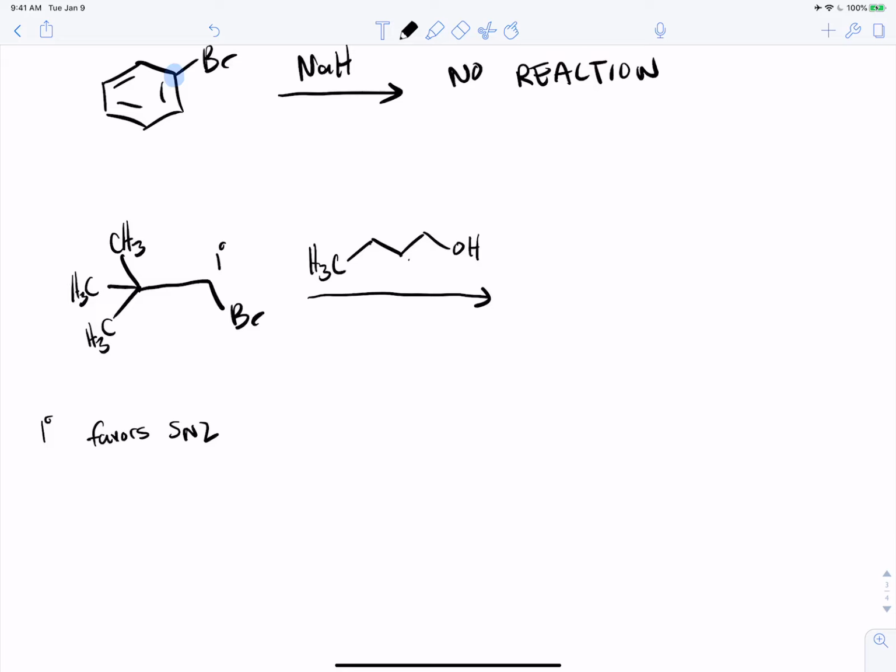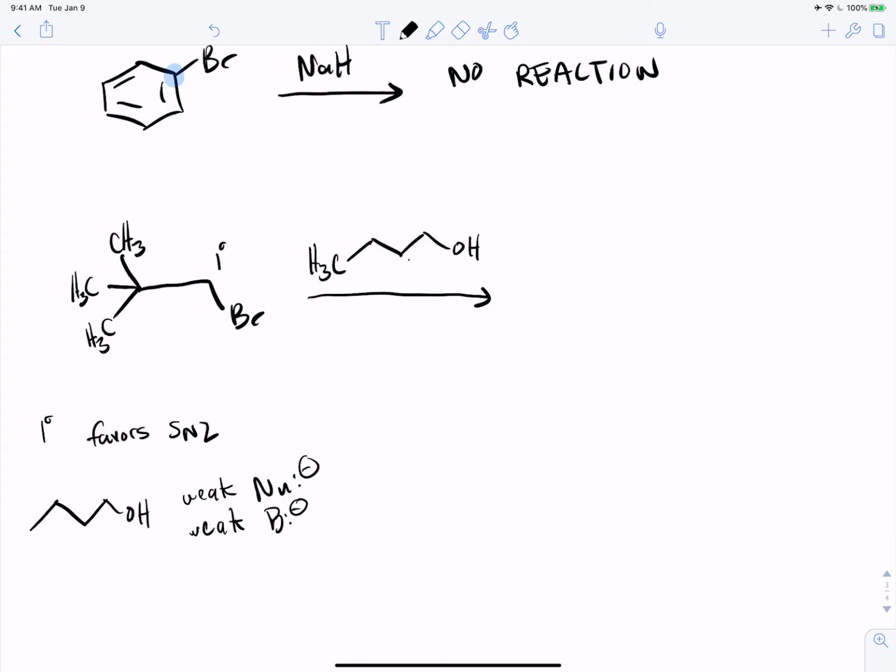But then we look at our reagent, which is this butanol. And this is a weak nucleophile, and a weak base.